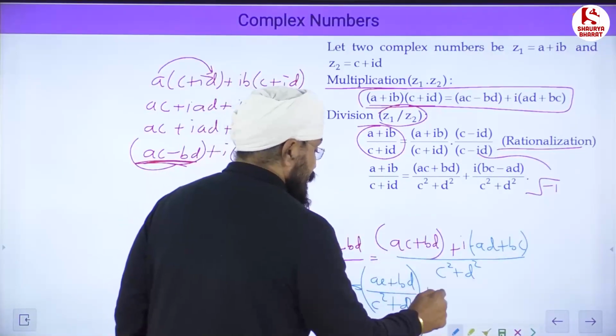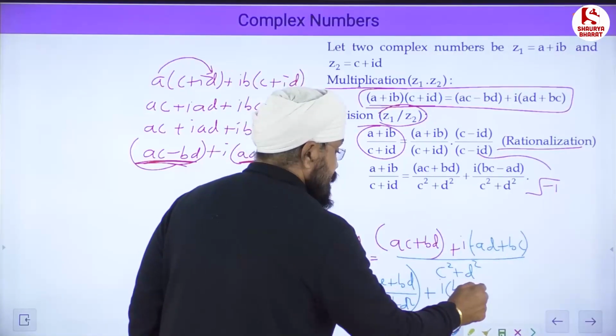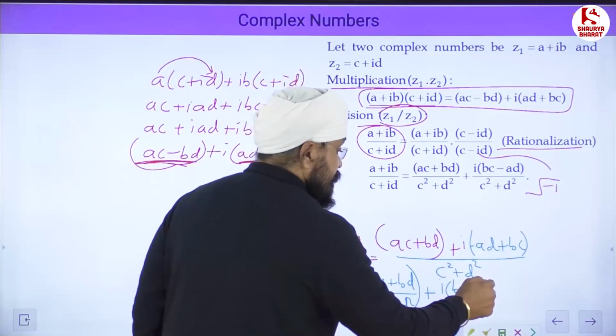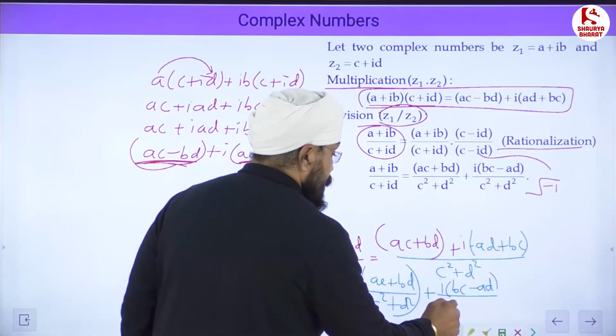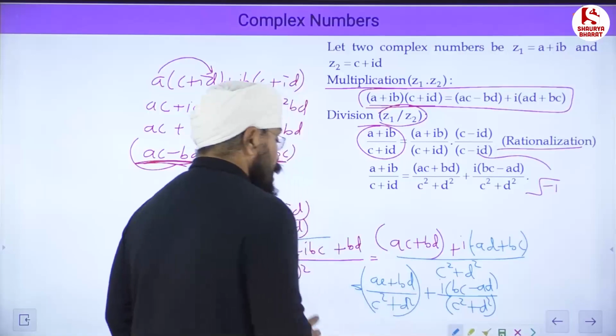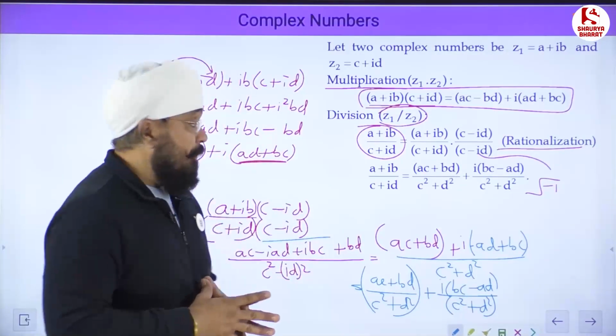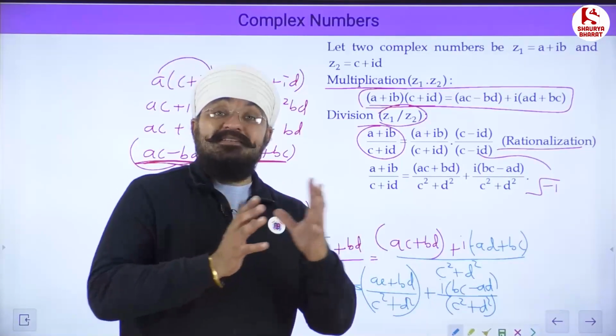And the other one is plus, you can see that iota is common. First I will take the positive term, AC, minus, this is BC minus AD whole divided by c square plus d square. So this is again giving you another complex number which has the form a plus iota b.